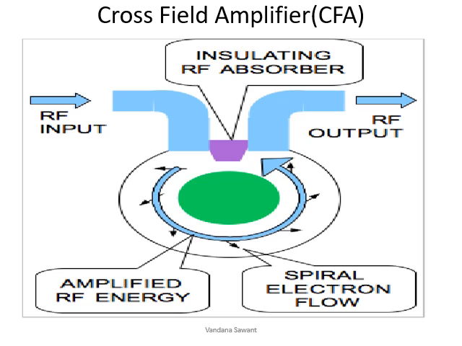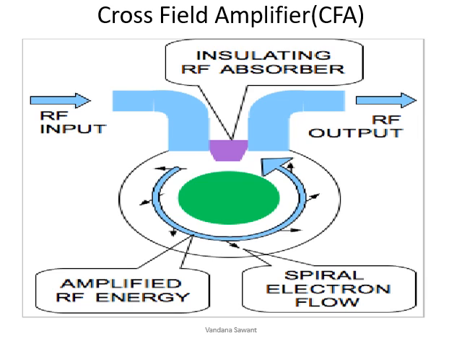It has a cylindrical cathode, shown in green at the center, and a number of anode cavities. The input RF signal is supplied to these anode cavities, and the output RF signal, after moving past the cavities, is collected at the output of the cavity.